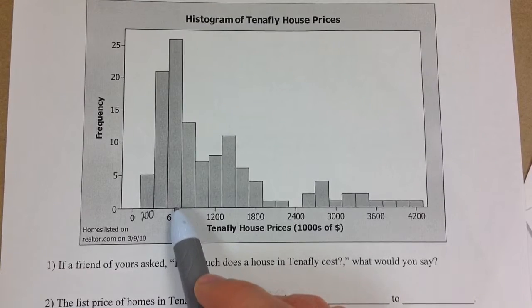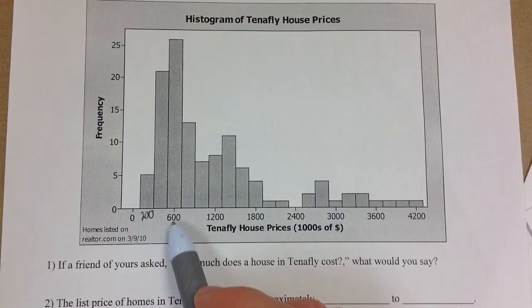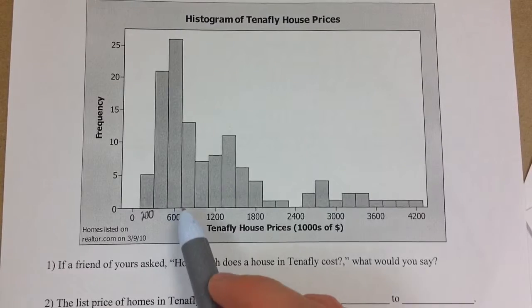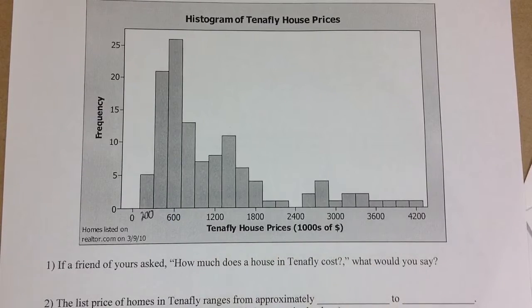And she made a comment about the mode. $600,000 is the mode here. It's the most frequent price. So I think it's reasonable to say $600,000 is typical in Tenafly. But keep in mind that there's a large percentage of homes that are more expensive than that.